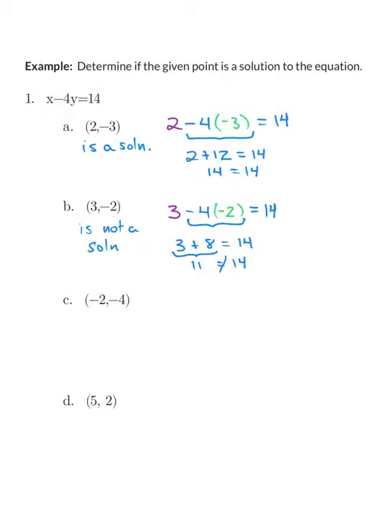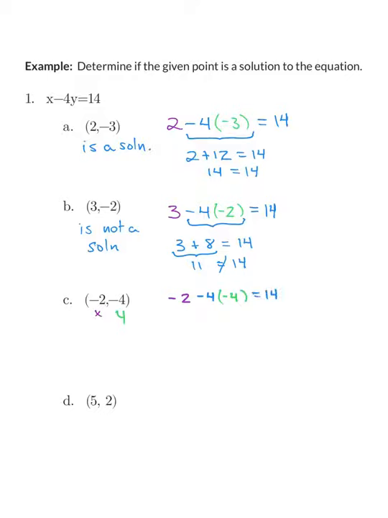Let's try (-2, -4) now. So we're going to replace x with -2, and we are going to replace y with -4. So if we plug this in now, we get -2 minus 4 times -4, and I want to know, is this equal to 14?